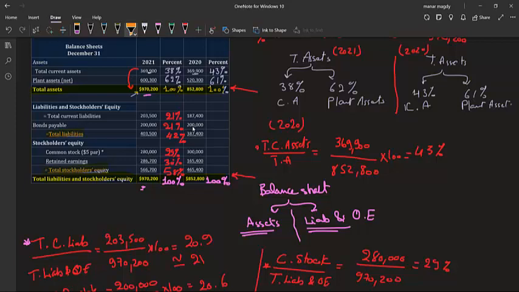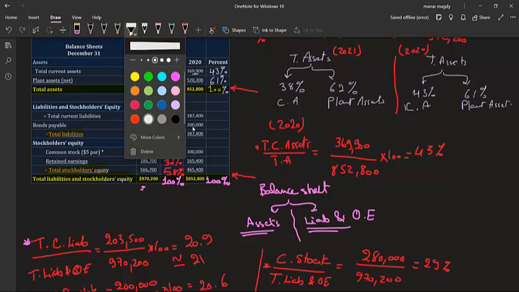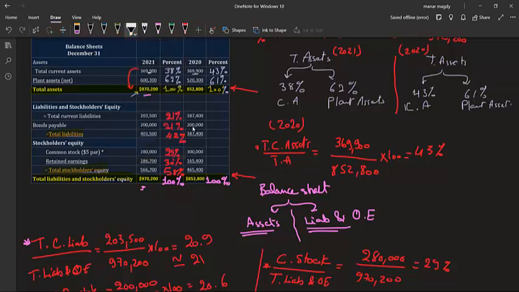And if you gather together the 21% plus 21 plus 29 plus 30, you're going to get the 100% also. While here in the total assets, it is direct the total current assets plus any other non-current assets. While under the total liabilities and stockholders equity, it is the summation of those two, the total liabilities and the total stockholders equity.